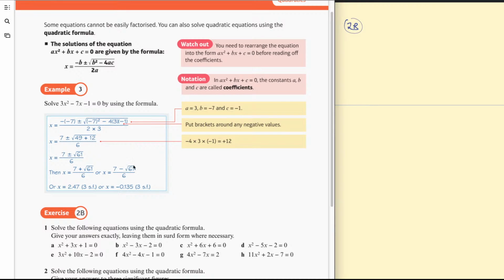And so you should hopefully be fairly confident with this. But it's always good to revisit it to make sure that you remember all the steps. So they give us an example here. 3x squared take 7x take 1 cannot be factorized. There's no factors of 3 and 1 that make 7.